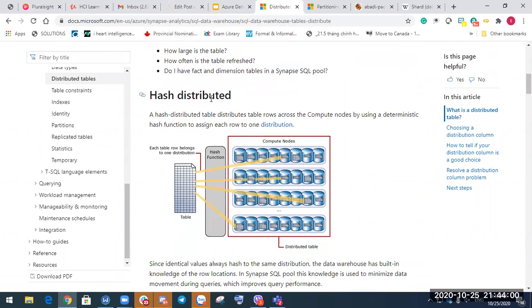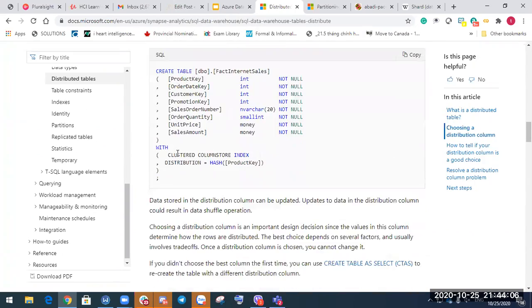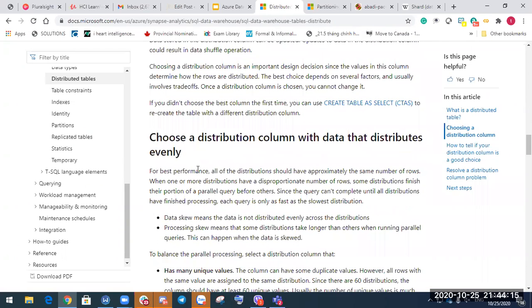This algorithm, I'll go over it once we reach the Azure part, but I want to mention this: choose distributed columns, how data skew works, and how you choose the distributed column to have balanced processing.